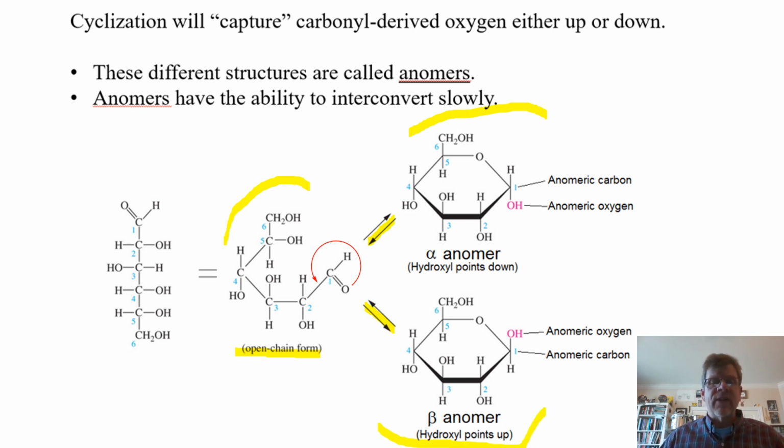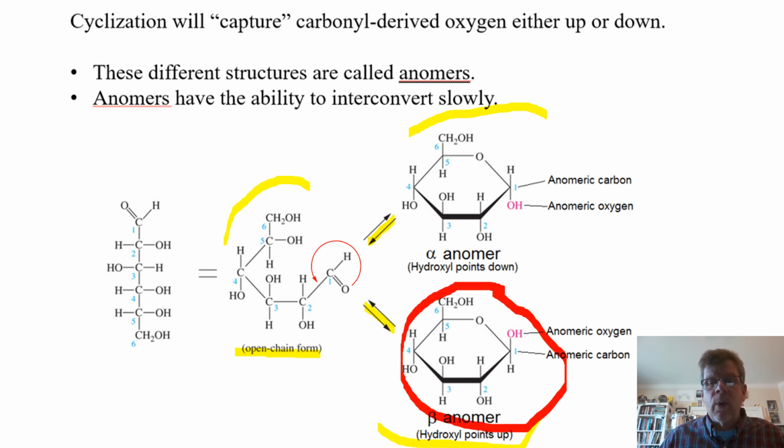Now, that essentially says that our two anomers can interconvert between one another. If we happen to be in the beta anomer, well, this beta anomer can open up again.